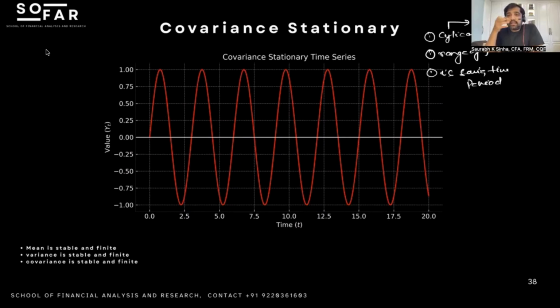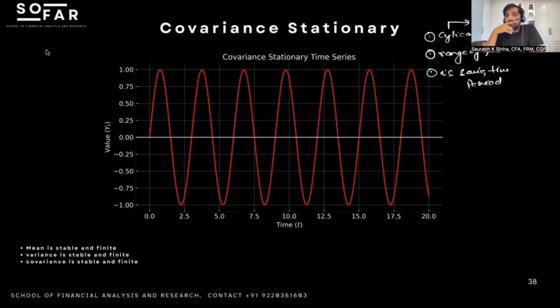When I say cyclical, and when you see this, can I say it is mean reverting? Yes or no? Everyone can hear me? Others, can I say it is mean reverting or not?